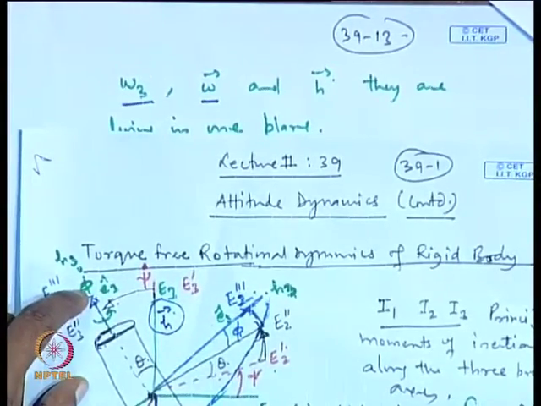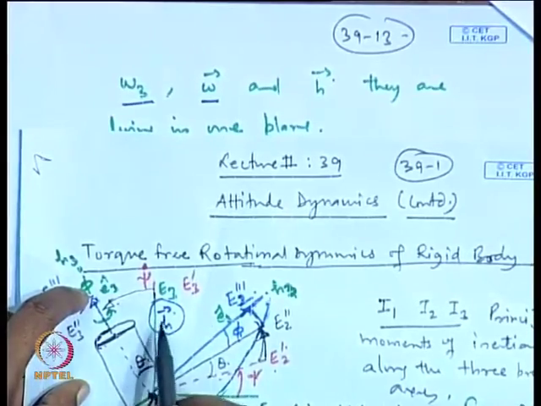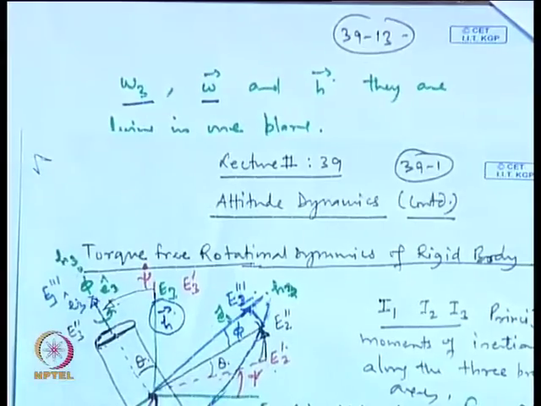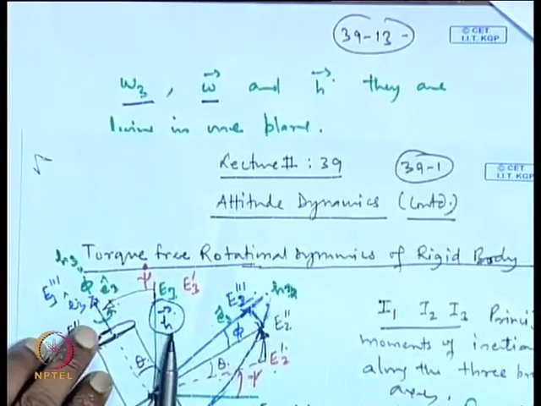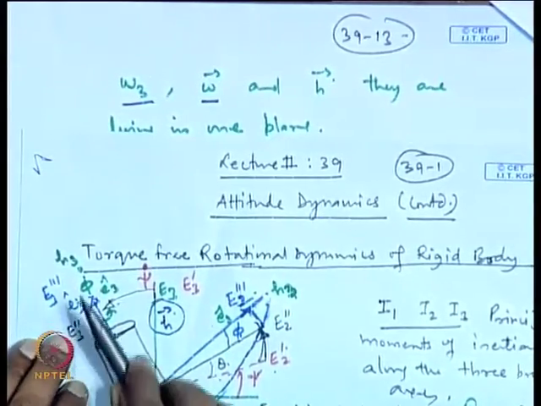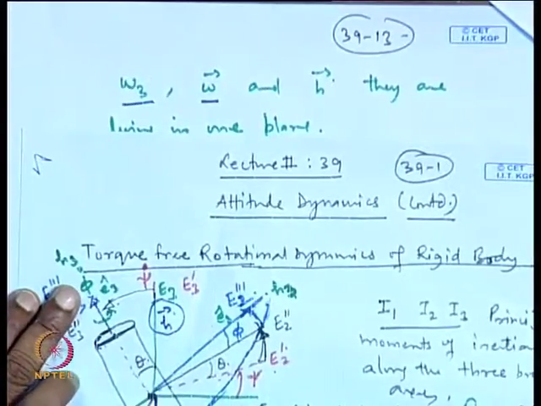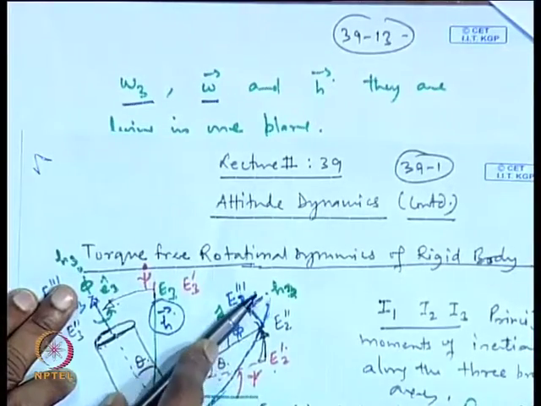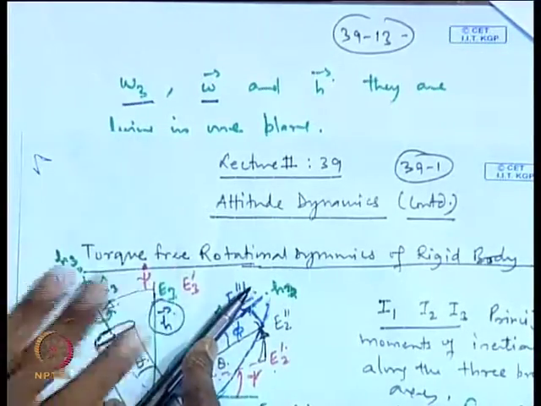We can always orient our inertial reference frame such that h coincides with E 3. So, right now suppose that h is along this direction, omega 3 is along this direction, and what we have just concluded is that this omega vector, these three are lying in the same plane.